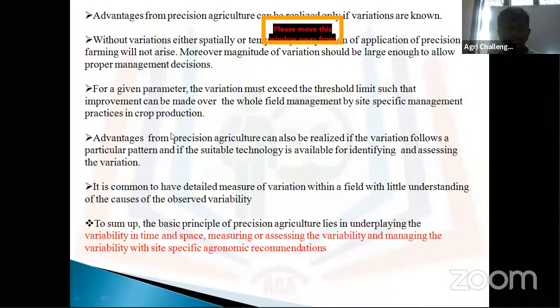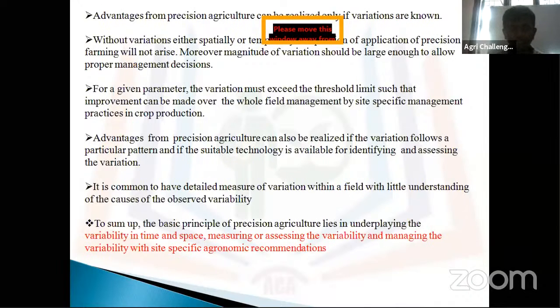Then the advantages from precision agriculture can be realized only if variations are known. You get the advantage of precision farming if you correctly find the reasons for variation and what the variation is, then only can we apply the proper management practices.